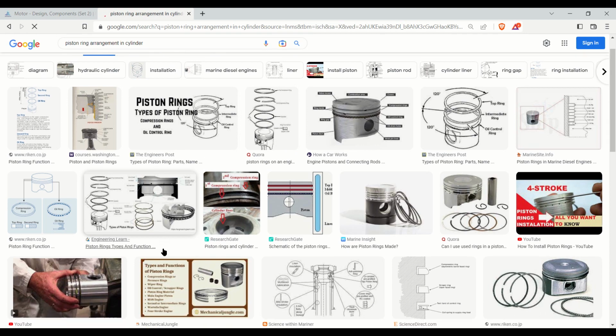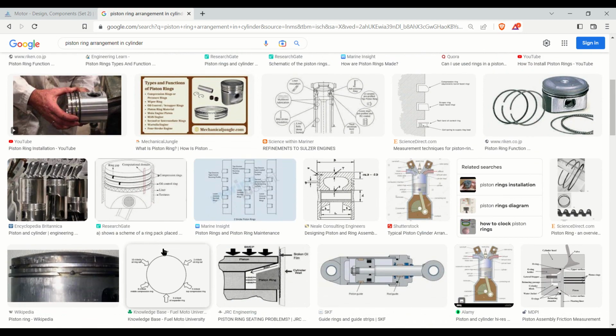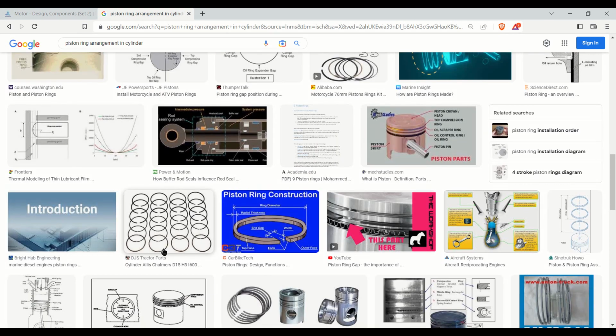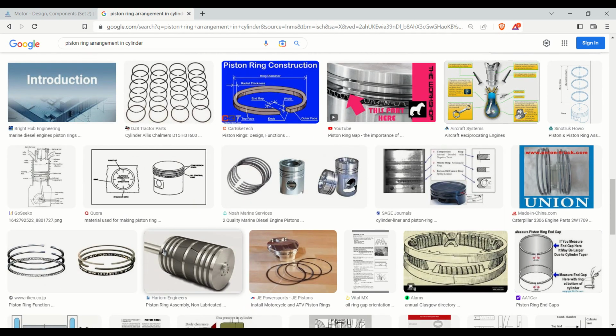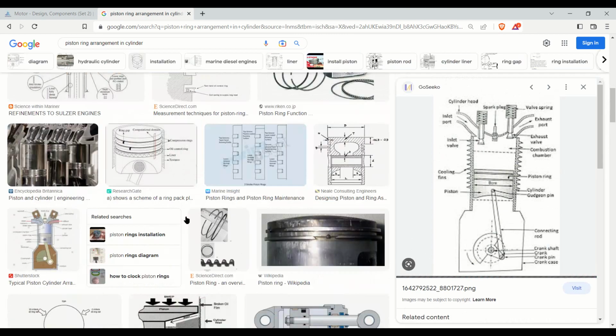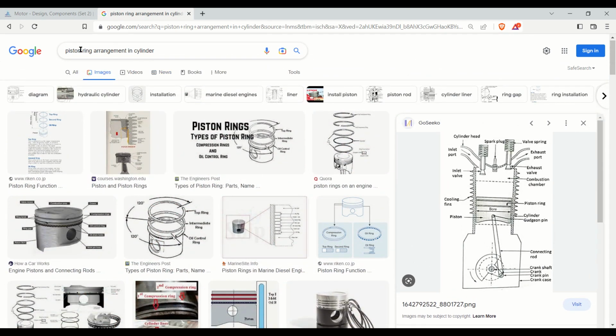Let's see a good image which will clearly show our problem. Yes, let's see this image. No, this is not the correct image. Let's see the half section view.